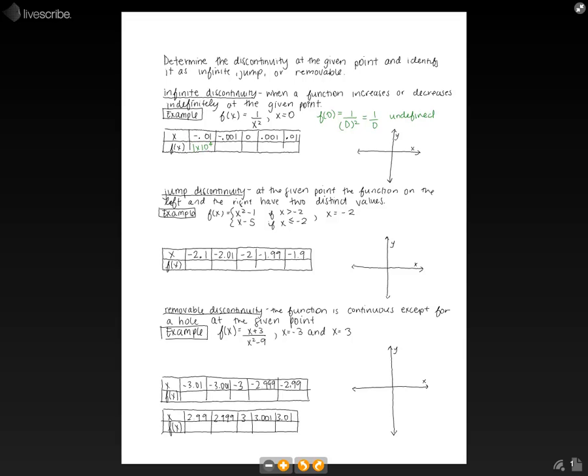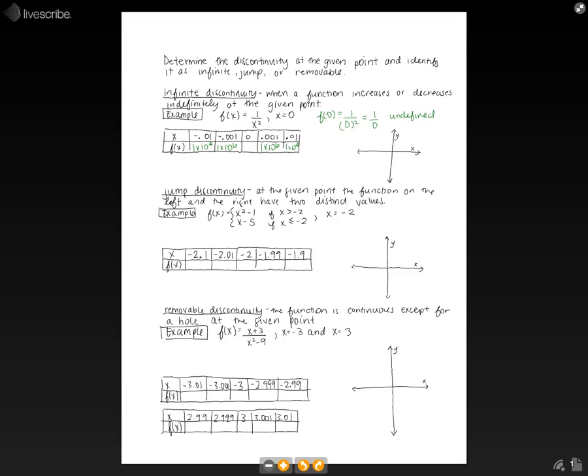Negative 0.001 is 1 times 10 to the 6th. We know 0 is undefined, 0.001 is 1 times 10 to the 6th, and 0.01 is 1 times 10 to the 4th. So we can see on the left and the right sides we're getting larger and larger, into a very large number towards infinity.